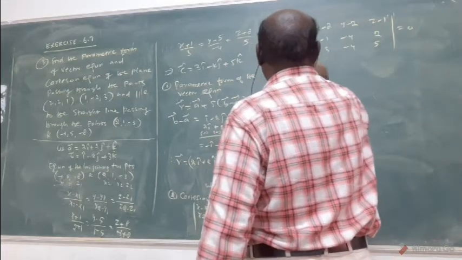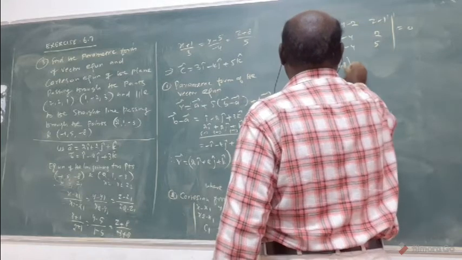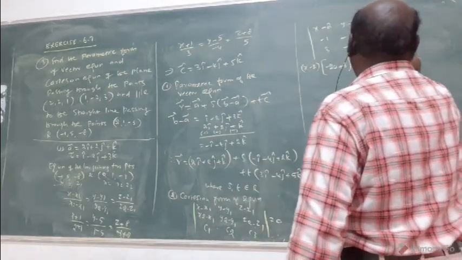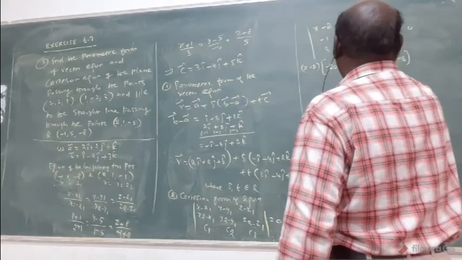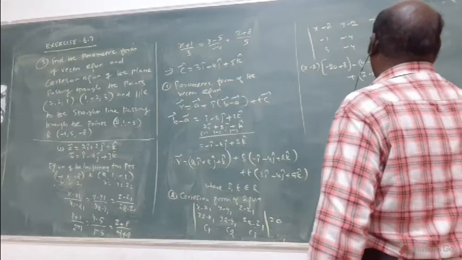x minus 2 into minus 20 plus 8, minus y minus 2 into minus 5 minus 6, plus z minus 1 into plus 4 minus 4 minus 1 plus 4.